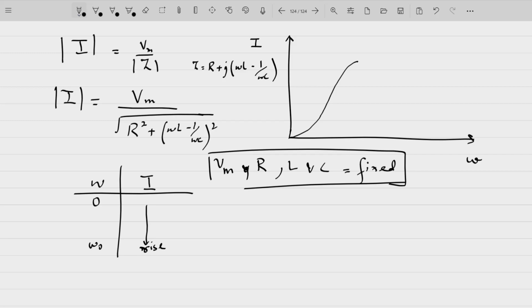But beyond this point, as you keep on increasing the value of omega, omega L becomes more dominant as compared to 1 by omega C, and eventually the current starts decreasing.